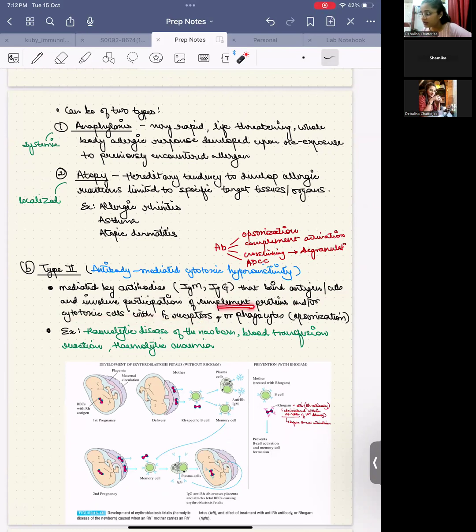So the complement protein component is also involved in this process. We have the cytotoxic cells with Fc receptors, so the ADCC phenomenon is involved, and phagocytes, so opsonization is also involved. So how was antibody contributing towards phagocytosis?